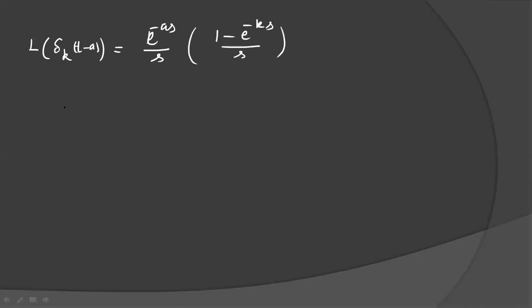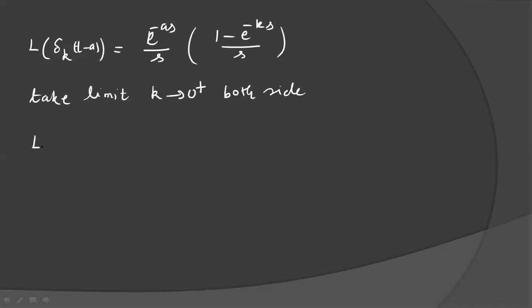You will get the Laplace of delta_k(t minus a) is equal to e to the power minus as over s, which we can take outside, times (1 minus e to the power minus ks) over k s. Now take the limit k tending to 0 plus on both sides, the right-hand limit.